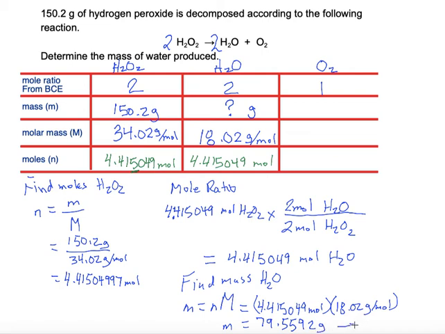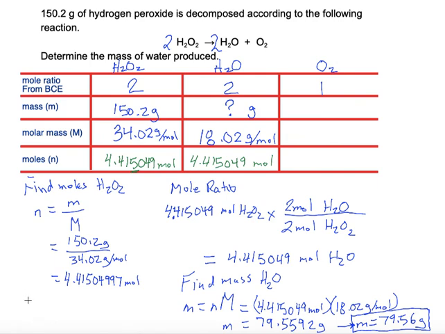But when we're looking at our answer in significant digits, we know we need 4 significant digits, so that's going to be 79.56 grams. That's going to be our answer for our mass of water to the correct number of significant digits.